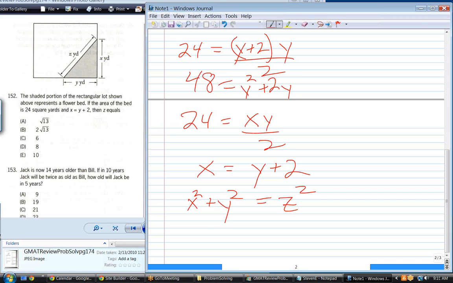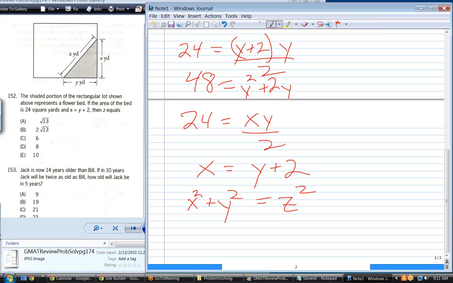Okay, so y minus 8 and y plus 6 is going to give me 2. No, y plus 8 and y minus 6. So values for y are negative 8 and 6. And x equals y plus 2.